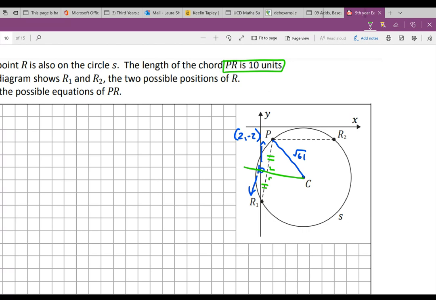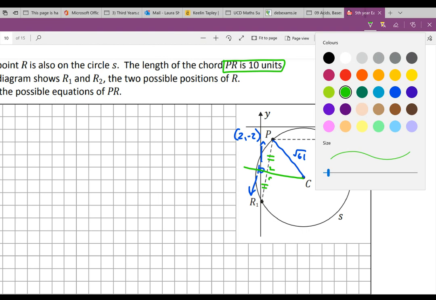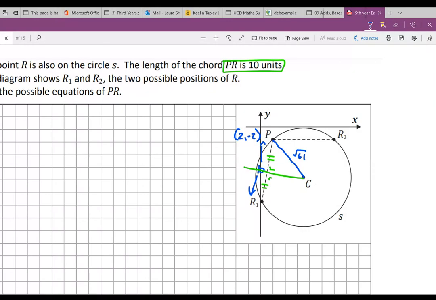Then I have a right angle triangle here, with C and P, and let's call this point Q for argument's sake. I know that PQ is 5 because it's half of 10, because that line was bisected. I know that root 61 is that distance there.